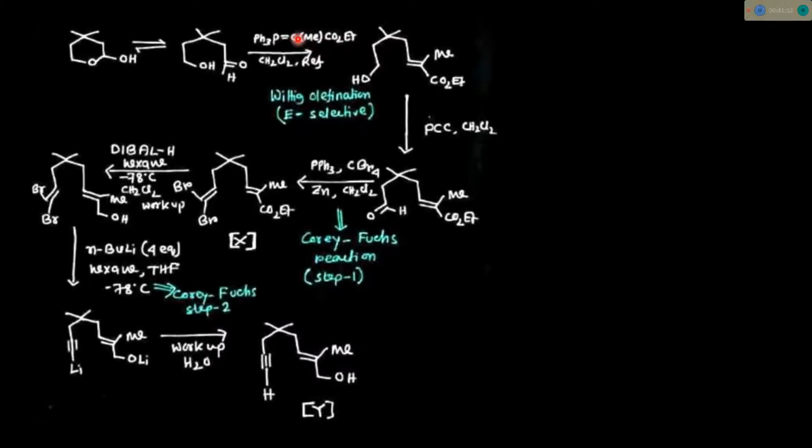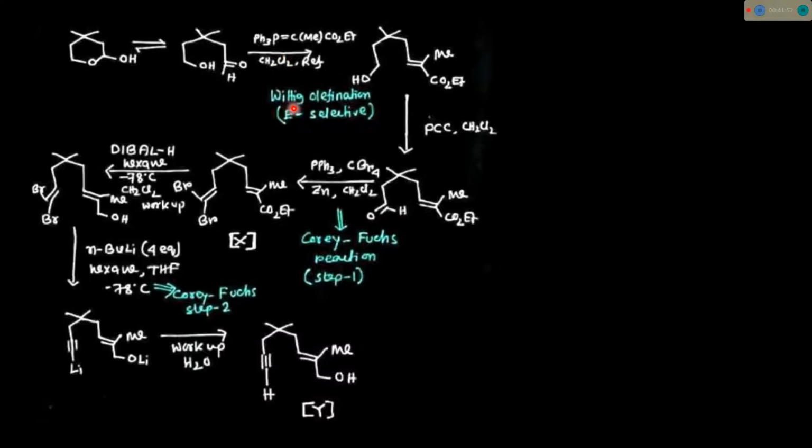See, there is a negative charge on the C and positive charge on the P, and this negative charge is adjacent to a CO2 group, an electron withdrawing group. So this is a stable ylide, a stable phosphonium ylide. So in presence of a stable phosphonium ylide, the carbonyl group forms an E alkene.